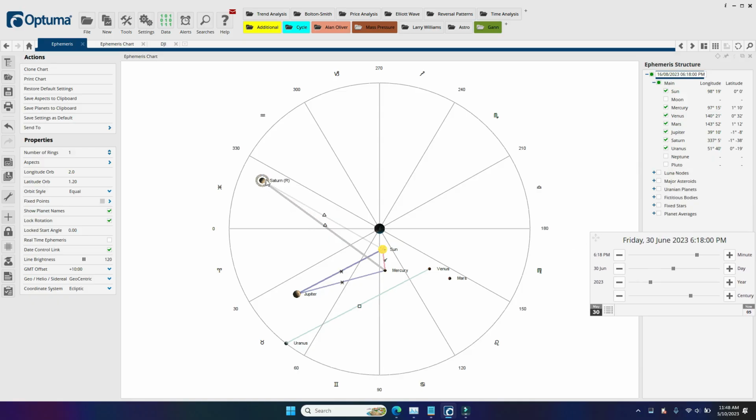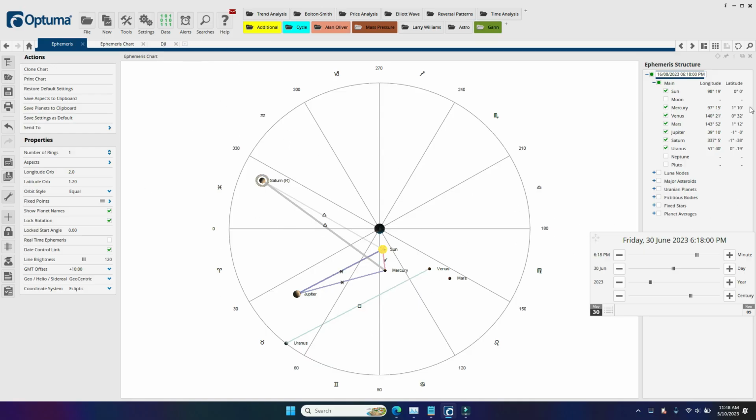We're getting Saturn trine Mercury, trine the Sun, sextile Jupiter, Mercury and Jupiter also sextile. And then we've got Venus square Uranus, and we've got Sun conjunct Mercury.